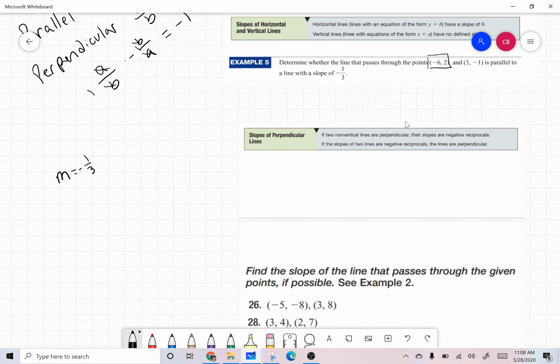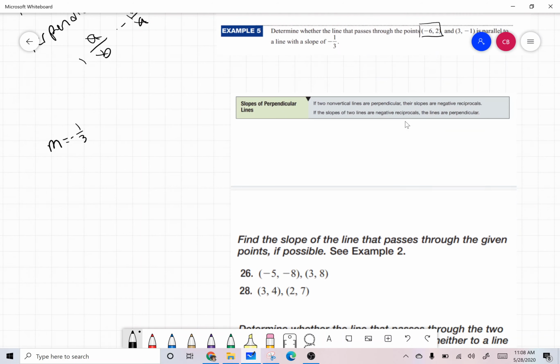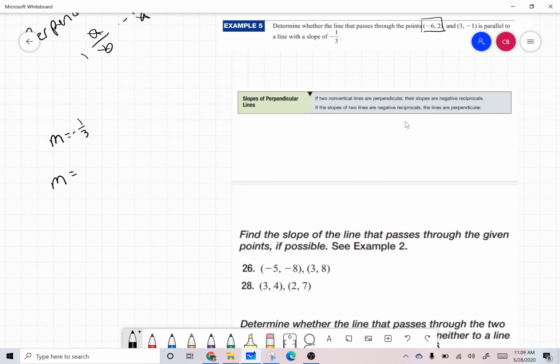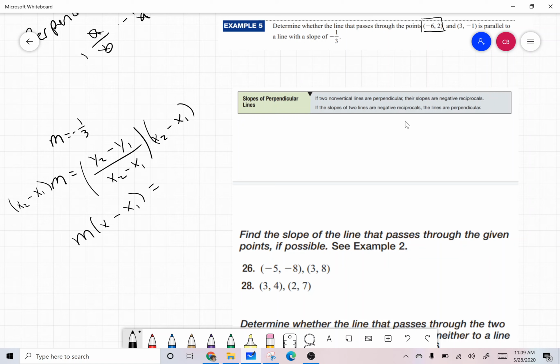We're going to use a different formula, the point slope formula. Where that comes from: remember you have m is equal to y2 minus y1 over x2 minus x1. If I multiply both sides by x2 minus x1, then I have m times x minus x1 is equal to y minus y1.